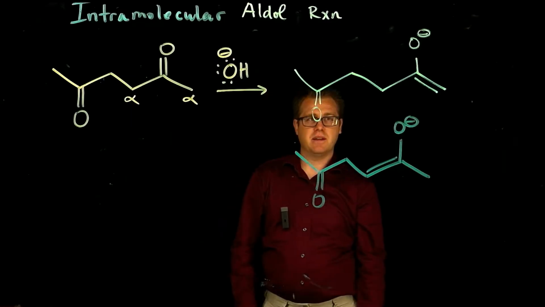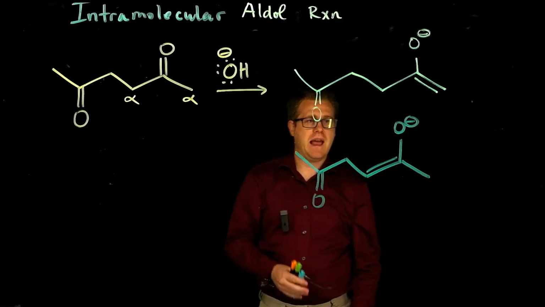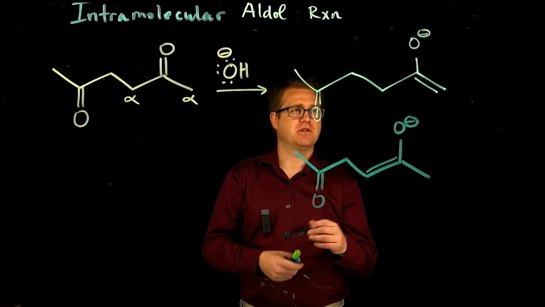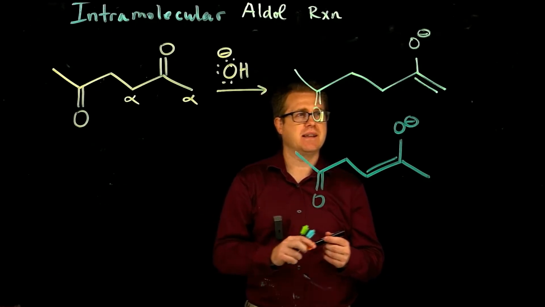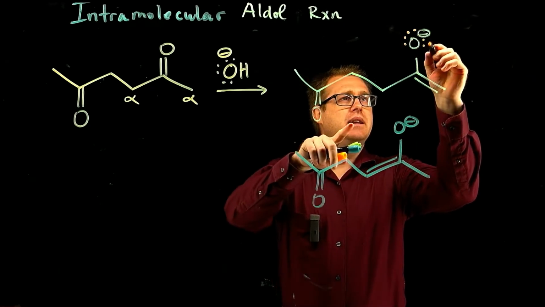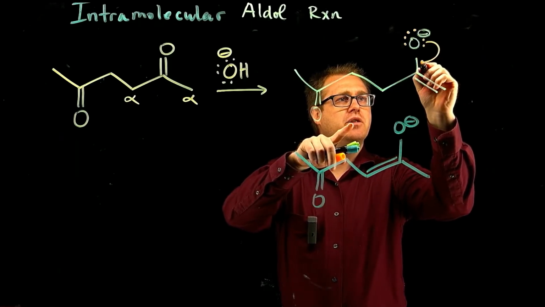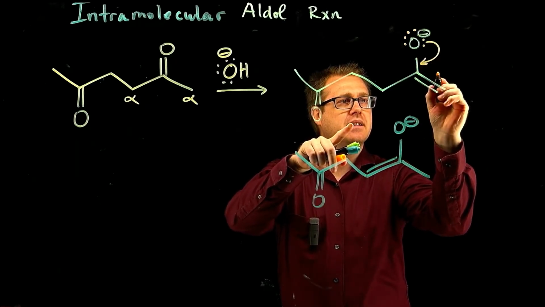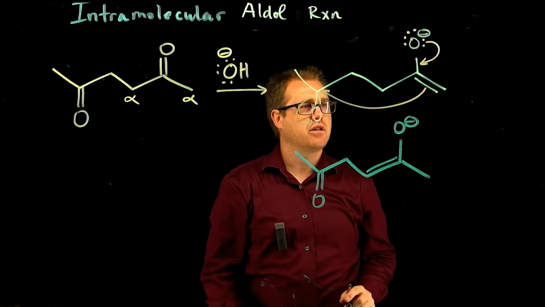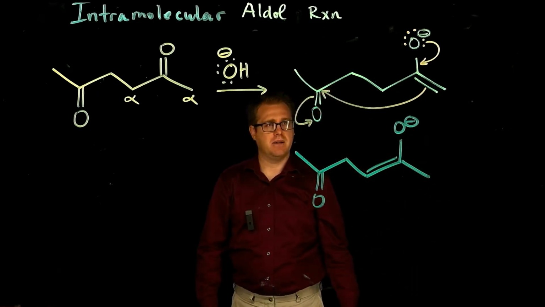Now take a look at those two enolates. You can clearly see that they're different. Now what's going to happen is an intramolecular reaction. So they're going to react with itself. So what's going to happen is the enolate is now going to come and attack the other carbonyl carbon, like that.